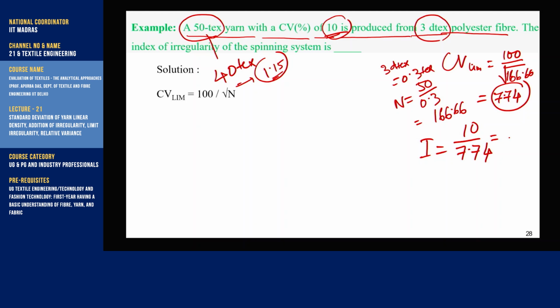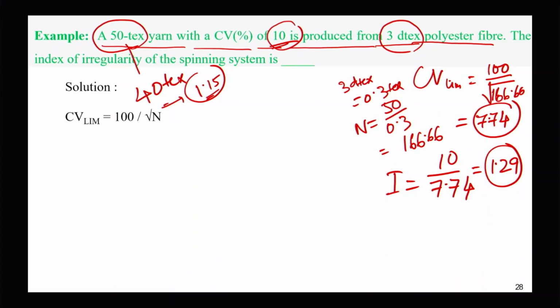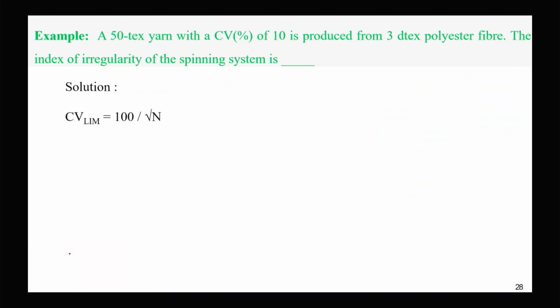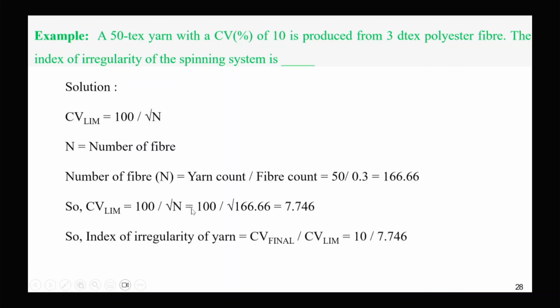The value here is 1.29, so the machine performance is inferior, poorer than earlier. You can see the number of fibers, the CV limit, and the ratio.